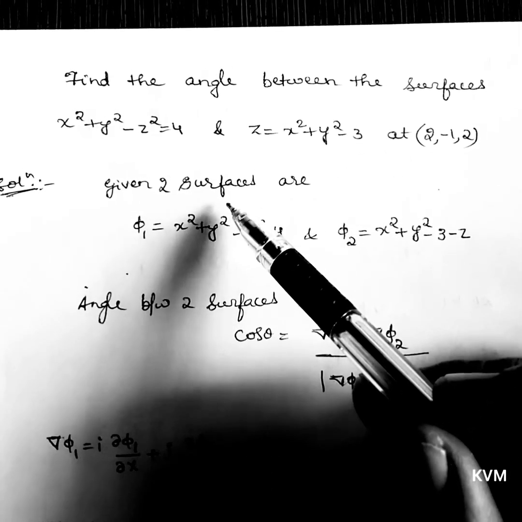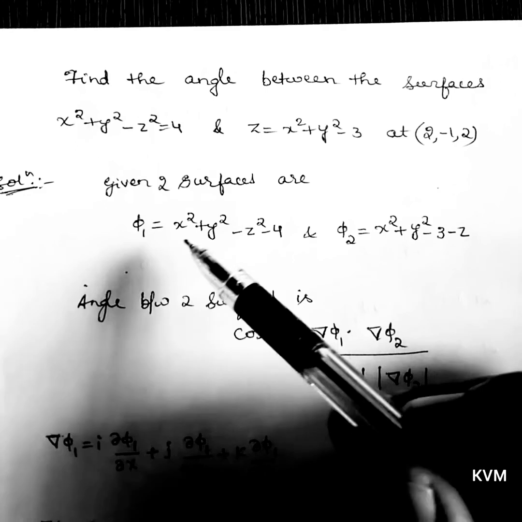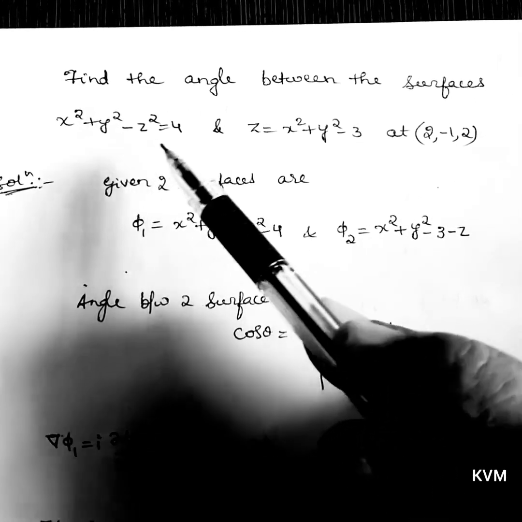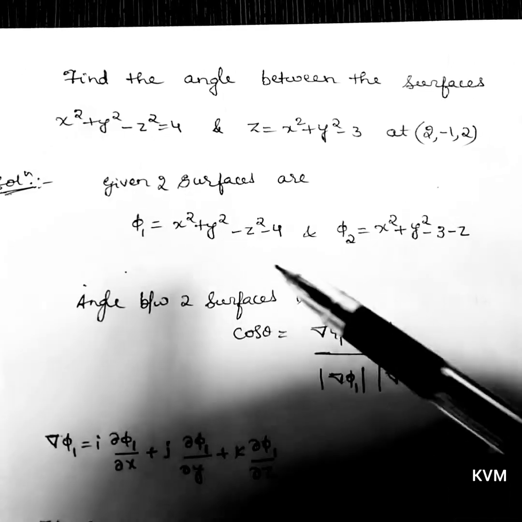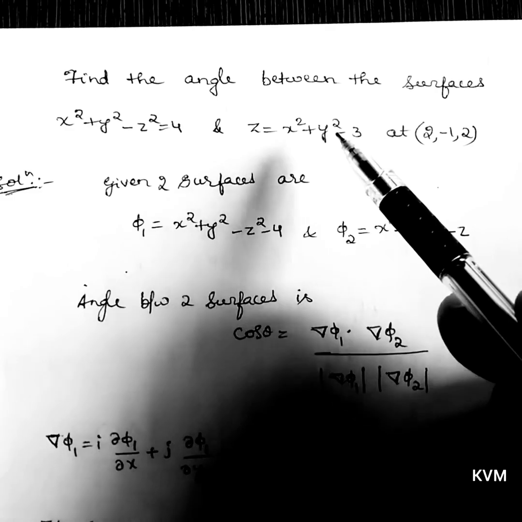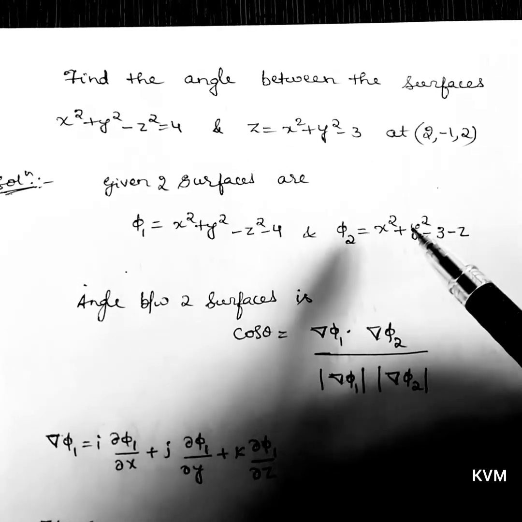So the two surfaces are, take the first surface as phi 1, so that is x square plus y square minus z square, so minus 4, take it to the left side. Then second surface is phi 2, x square plus y square minus 3 minus z.